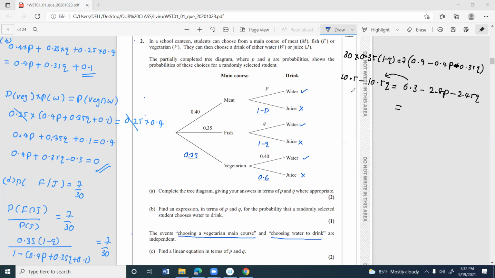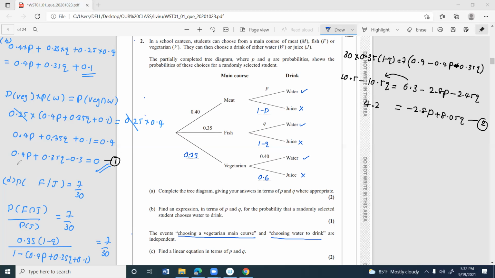With that, 10.5 minus 6.3, that is 4.2, is equal to minus 2.8p, and bringing this over, that is 8.05q. This is another equation. So I have another equation from here.